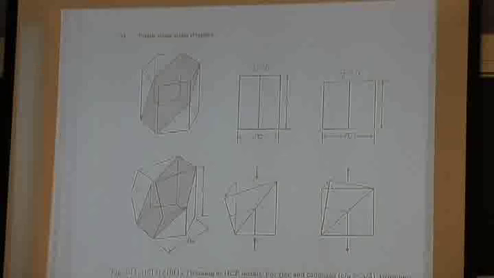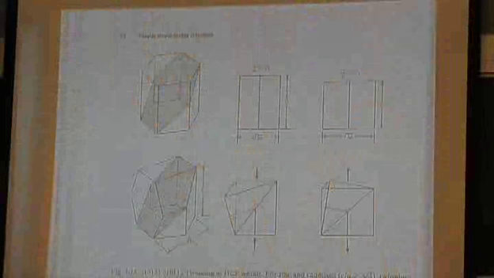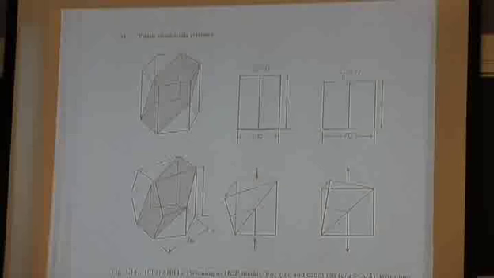If for some reason the C over A ratio is less than square root of 3, then the basal planes are scrunched together. If it's greater than square root of 3, then they're stretched apart. So if the atom bonding is sort of elliptical, long axis in the C direction, you're going to be greater than square root of 3. If it's short axis in the C direction, you're going to be less than square root of 3.